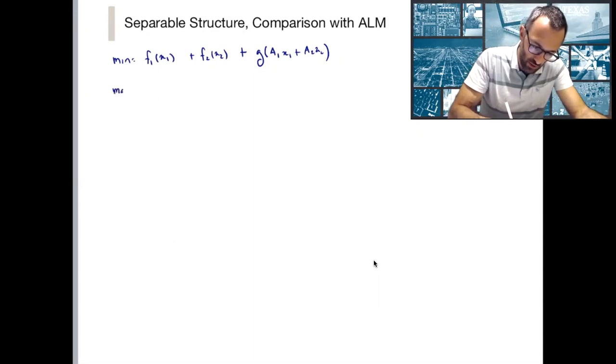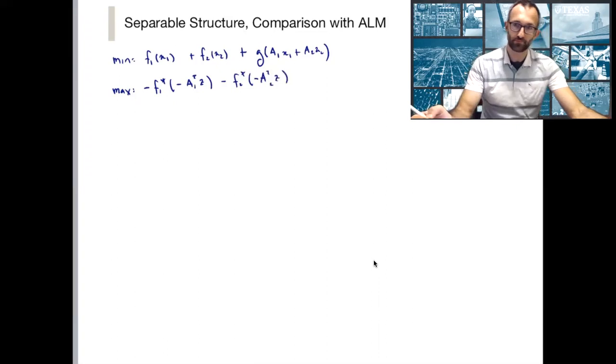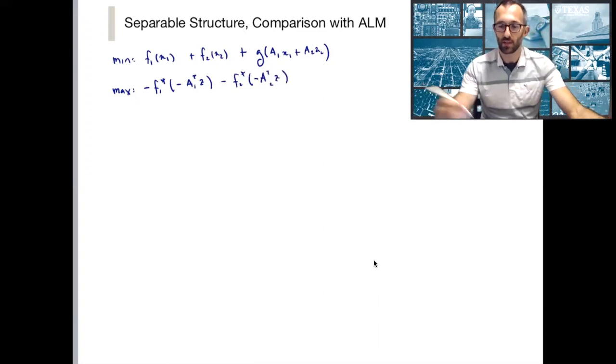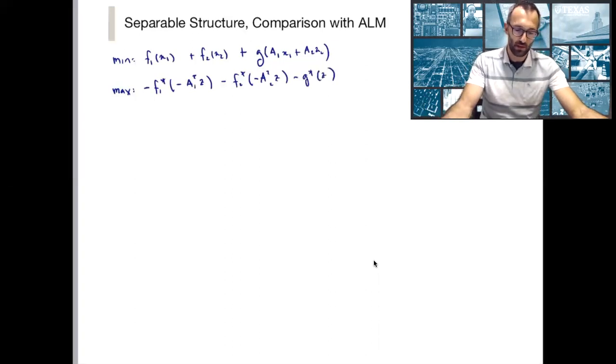And the dual is: maximize minus f1 star of minus A1 transpose z, minus f2 star of minus A2 transpose z, minus g star of z. So now let's write down what our algorithms are.